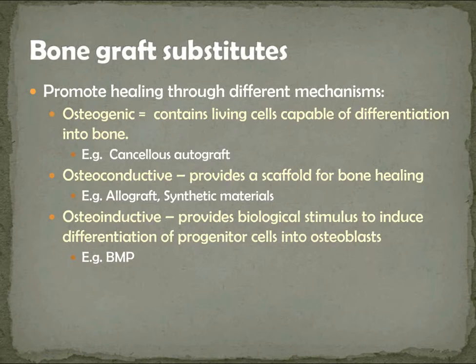So osteogenic process involves a bone graft that has living cells that are capable of differentiating into bone, such as cancellous autograft. Osteoconductive is a material that provides scaffold for bone healing, and osteoinductive provides biological stimulus to induce differentiation.